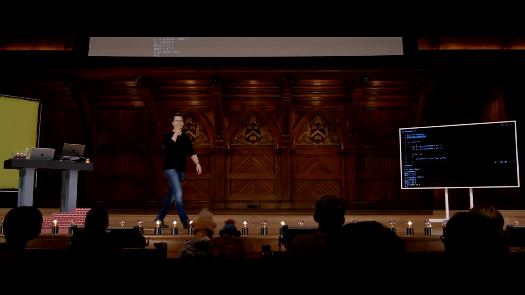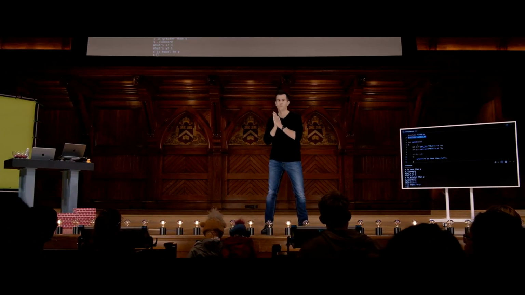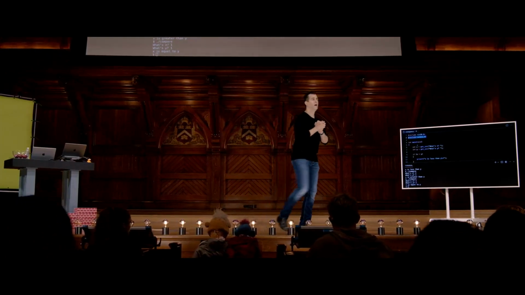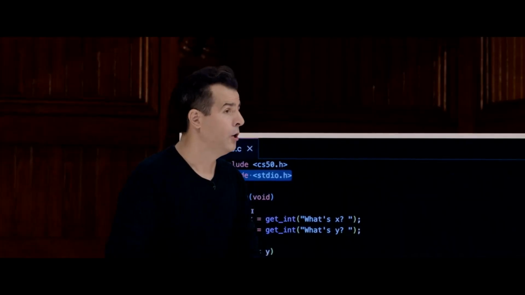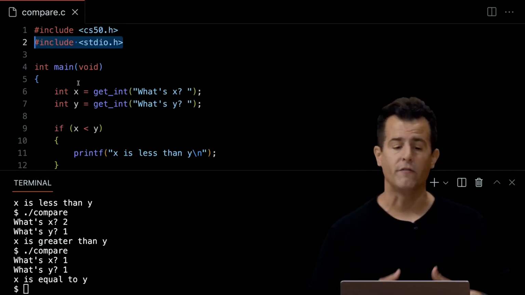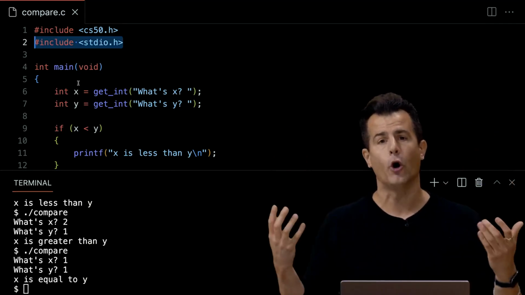Questions then on this C implementation of just some basic comparisons like this? Any questions? Yeah? Good question. Do the opening brackets need to be on a separate line? In CS50, yes. What you'll see is that as part of the submission process, we compare your code against a style guide, which is the norm in industry.